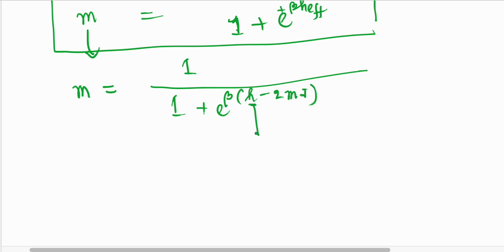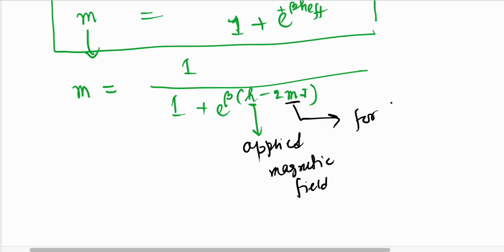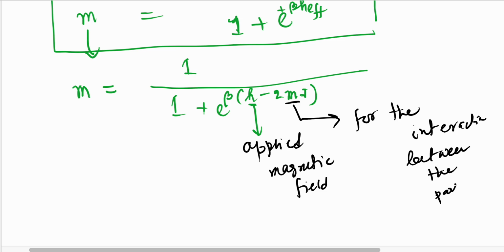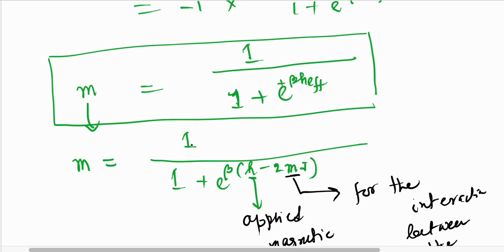So h is the applied magnetic field, and this J is for the interaction between the particles. So this is the answer.